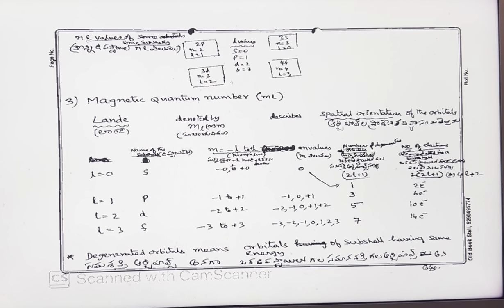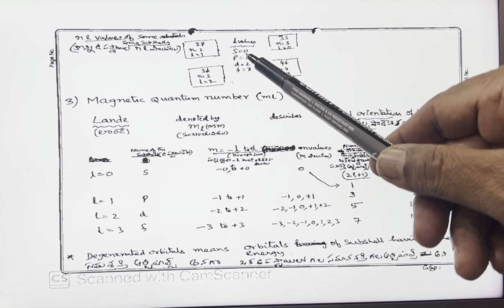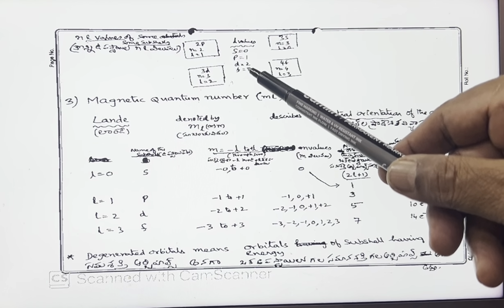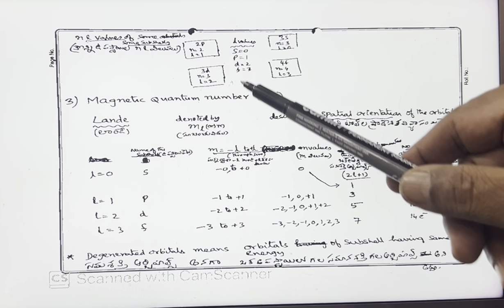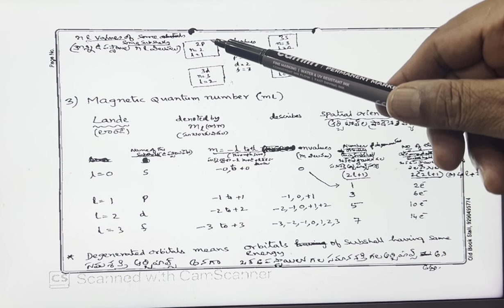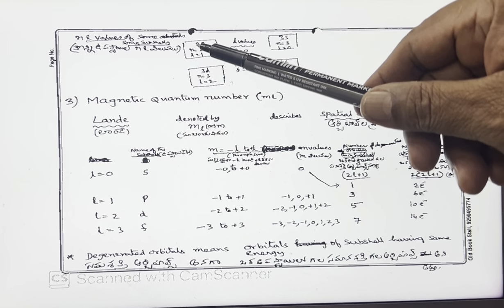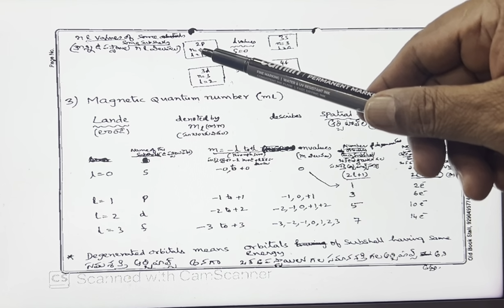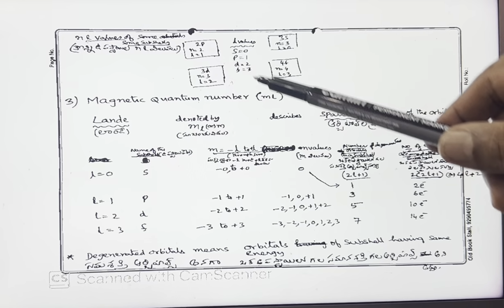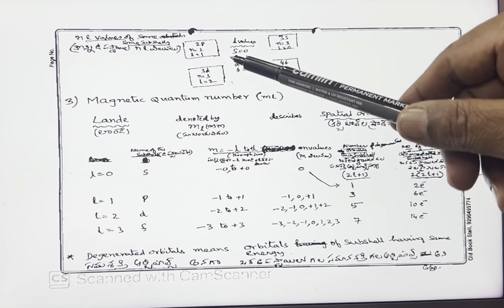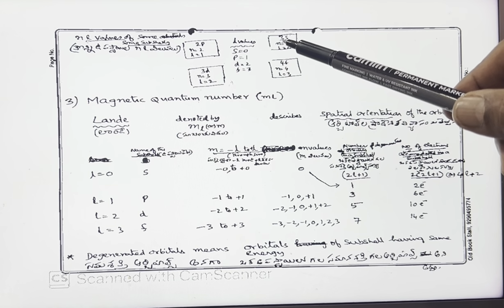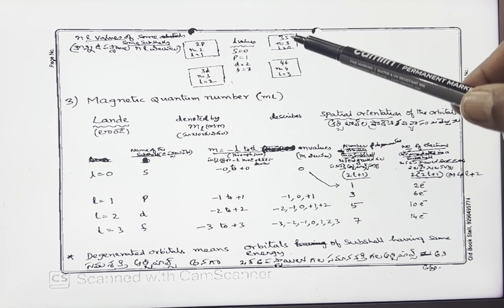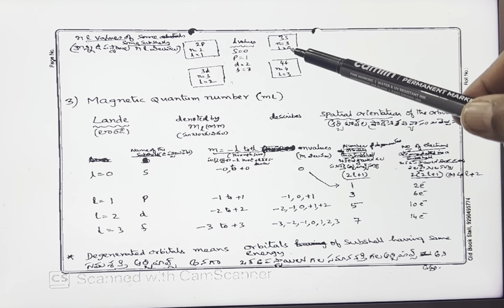Let us predict the n and L values. Simply note that for s orbital L is 0, for p orbital L is 1, for d orbital L is 2, and for f orbital L is 3. Let us see the n and L values for 2p. 2 is the n value, the second orbit, and for p the L value is 1. For 3s, n is equal to 3 because it belongs to the third orbit, and for s the L value is 0.